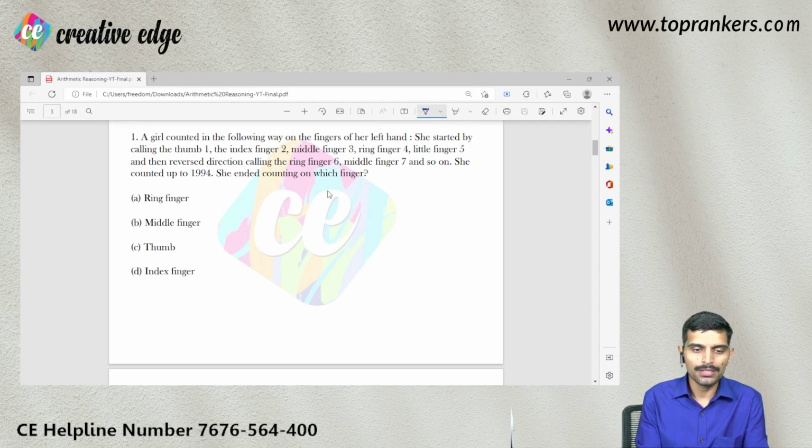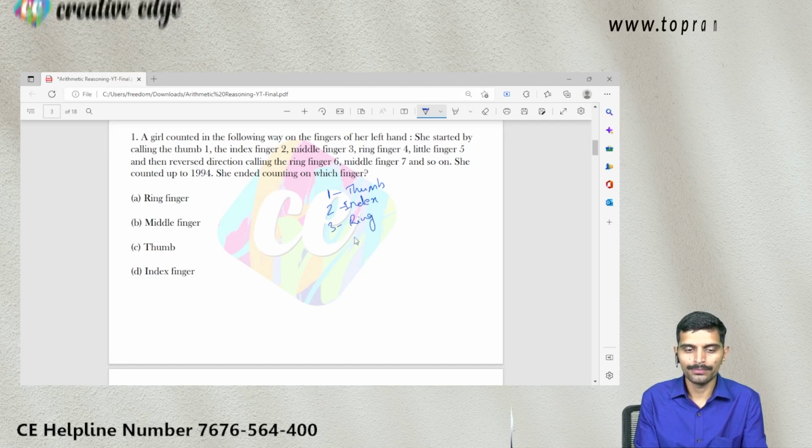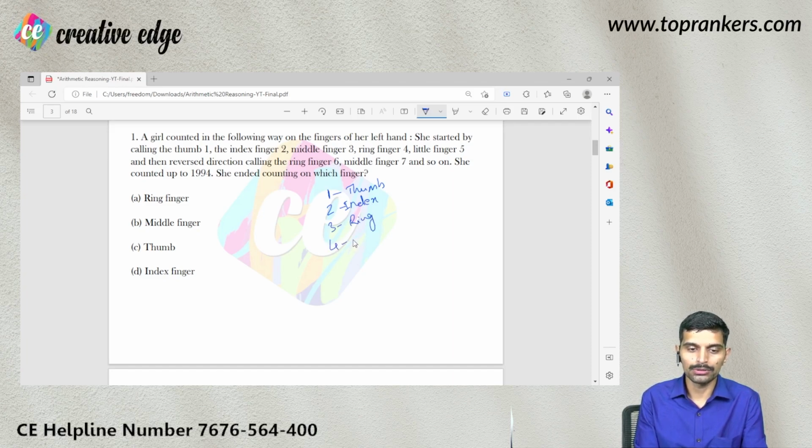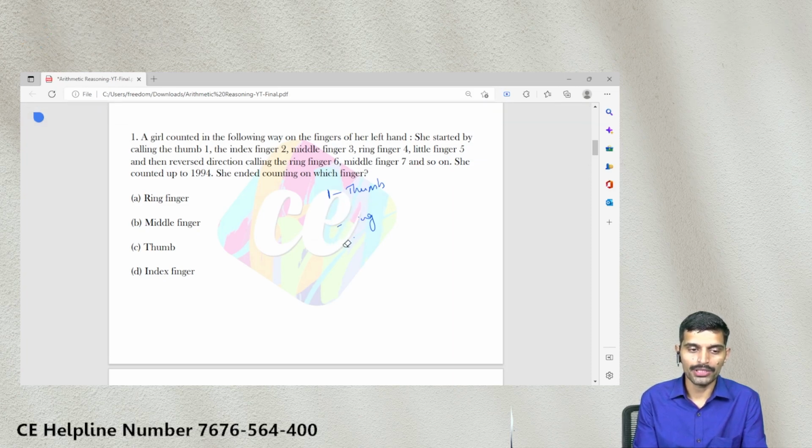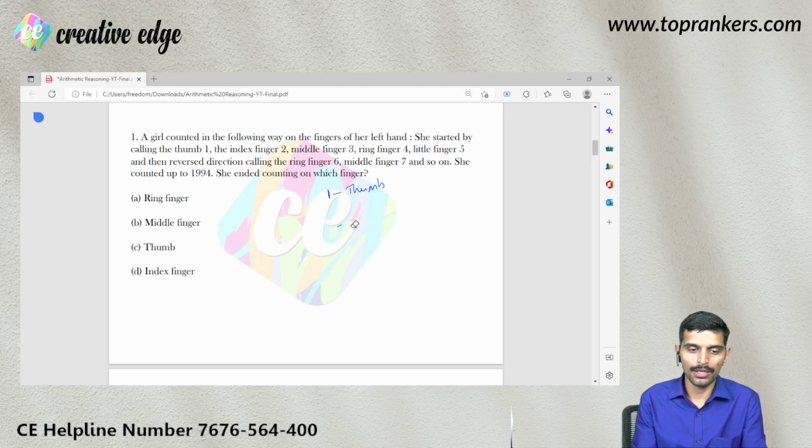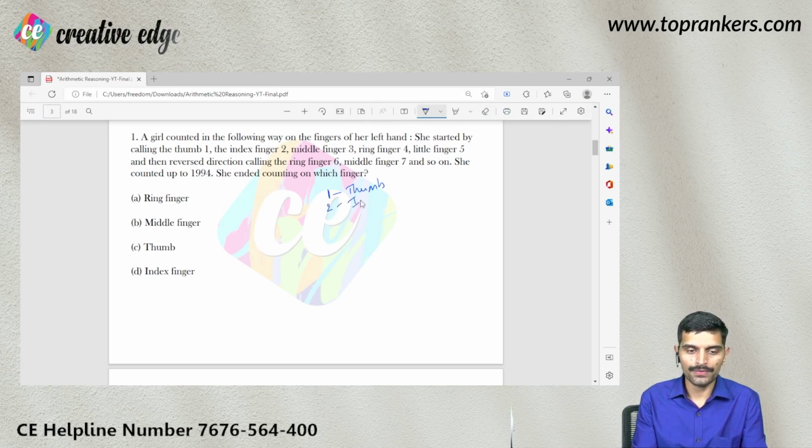So the pattern here is: when she counted one, it was her thumb. When she counted two, it was her index finger. For three, it was her middle finger.